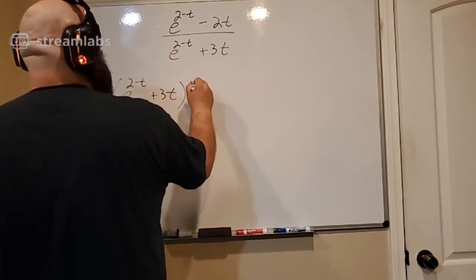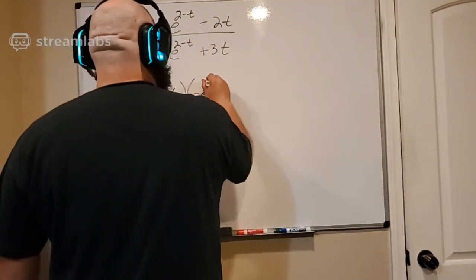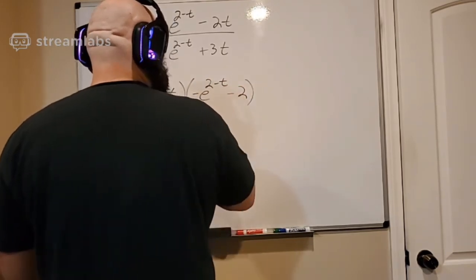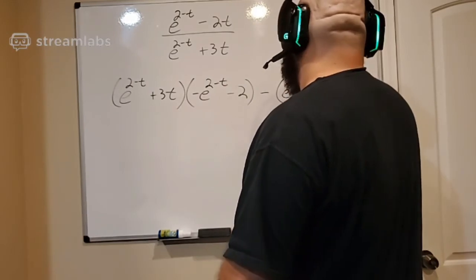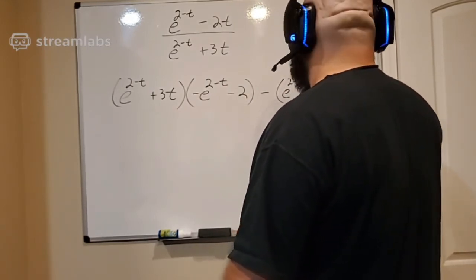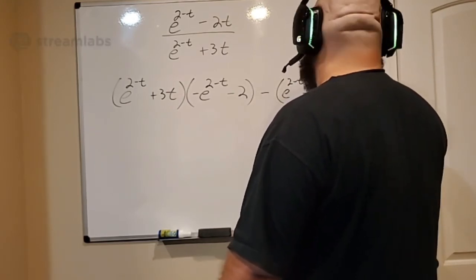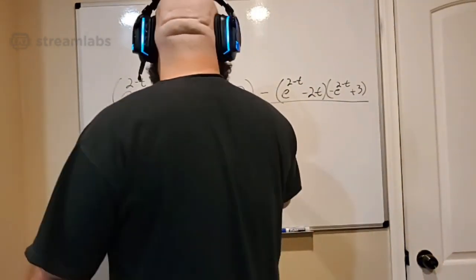So you got low, derivative of the high is going to be negative e to the 2 minus t minus 2, minus high, and then d low would be negative e to the 2 minus t plus 3, all over e to the 2 minus t plus 3t squared.